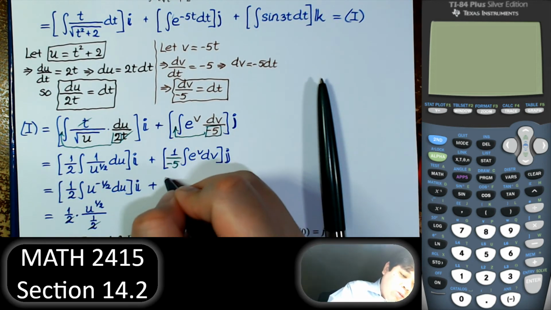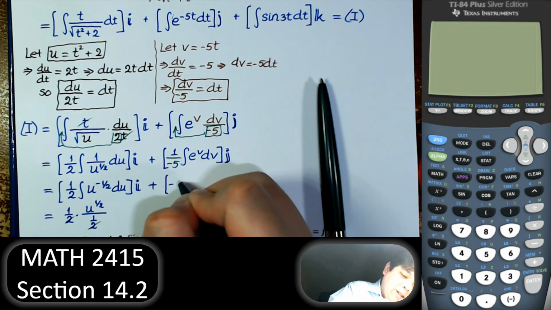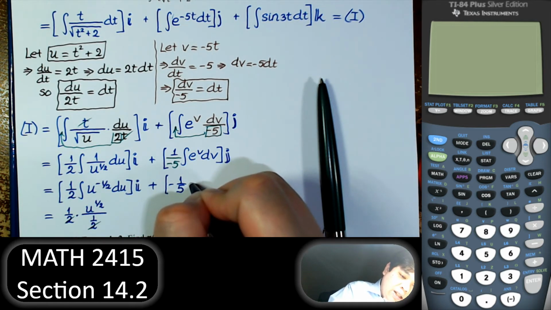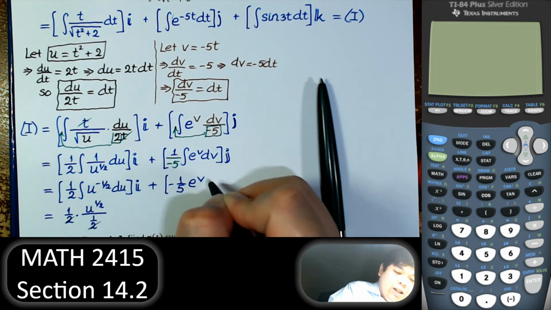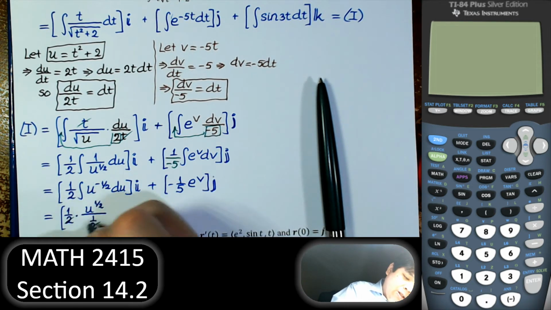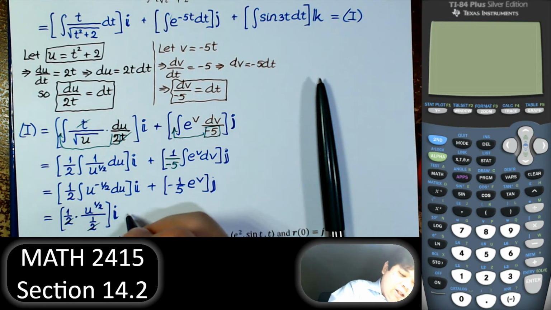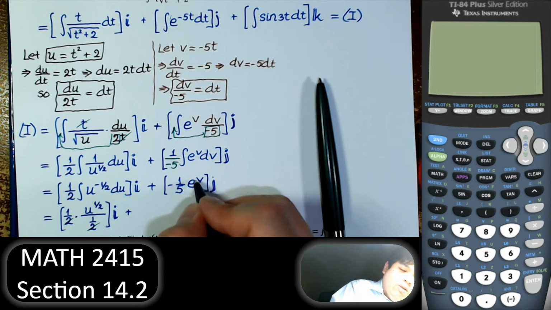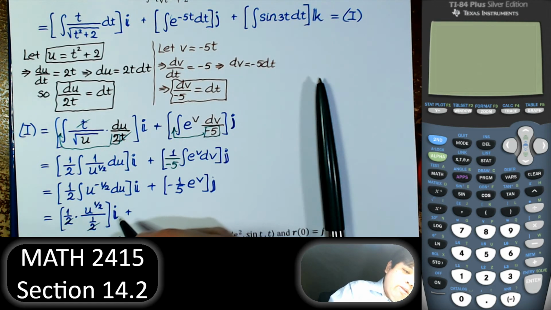And that's just -1/5. E to the v is e to the v, that integral. J component. Right, so we have now we can substitute back in for v is -5t.